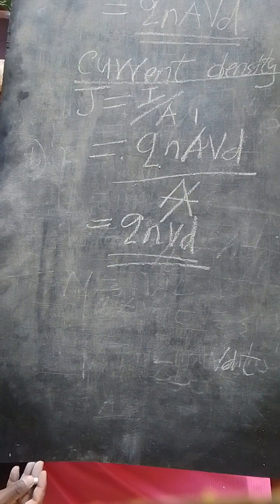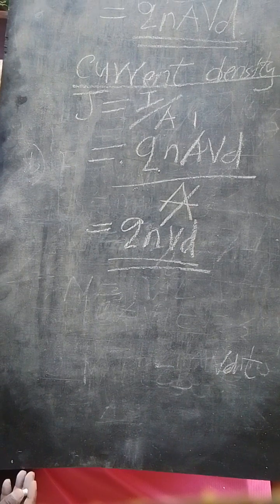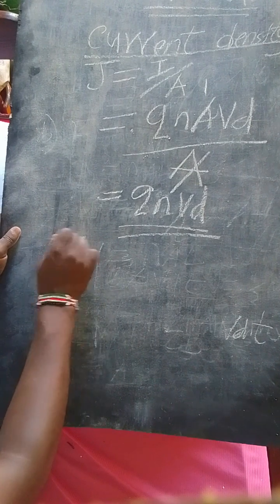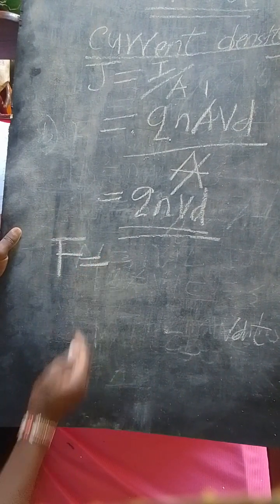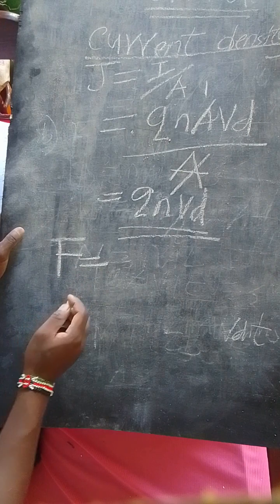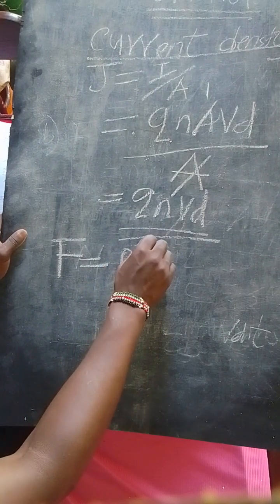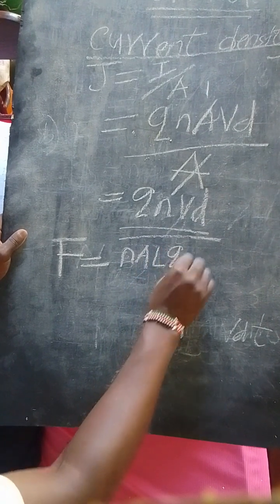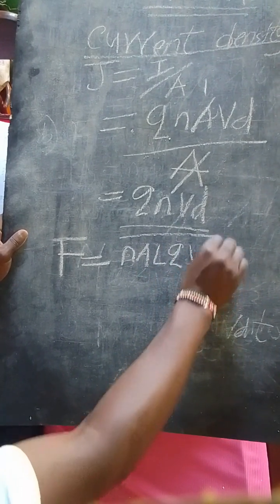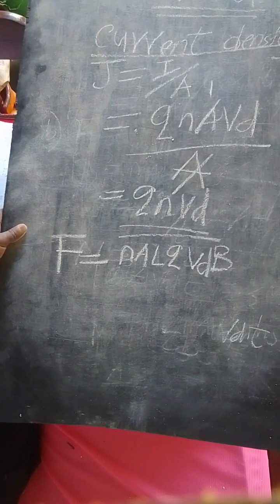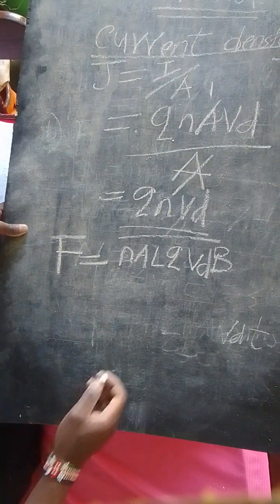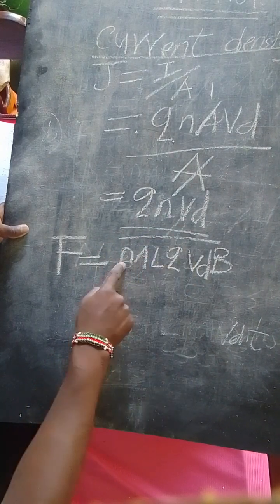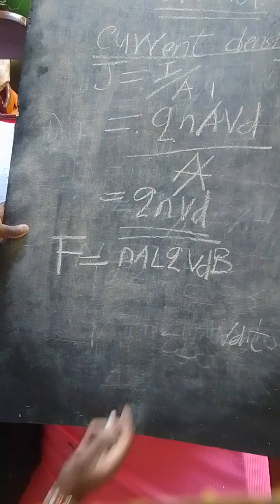Now, remember we had said previously that the total force experienced by all of the particles will be equal to N A L Q Vd B. Now this part here, Q N Vd, will be represented by current density.